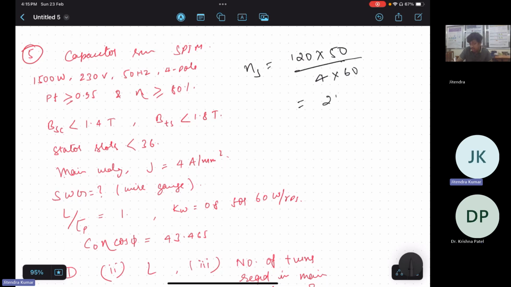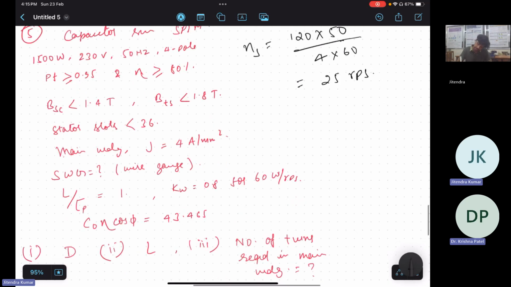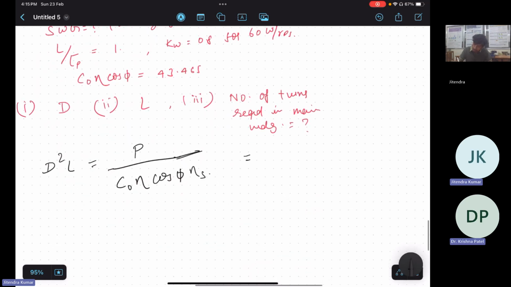So again 25 RPS. So 1500 divided by 43.465 into 25.